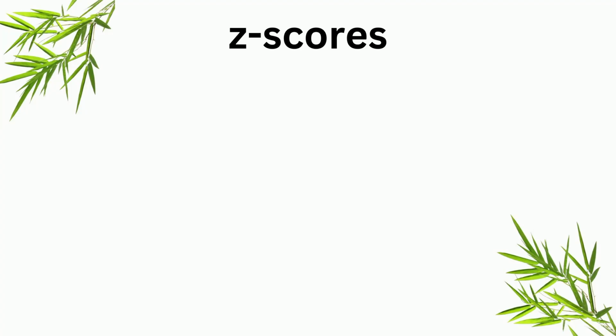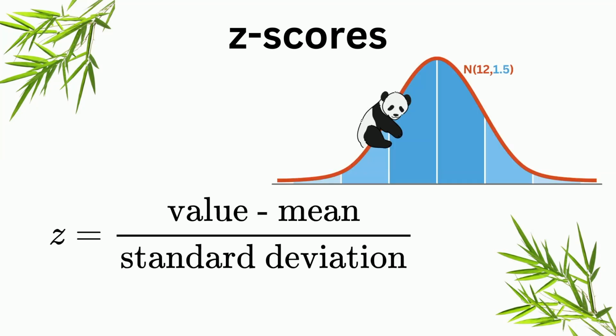A z-score measures how many standard deviations a data value is from the mean. The z-score is a standardized value, which means that it is transformed from the specific mean and standard deviation of the data to one that is standardized for all normal distributions. The formula is simple.